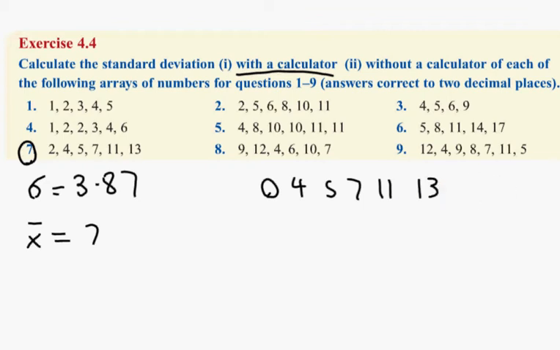If I take 2 away from the 2 to turn it into 0, and then add 2 on to the 13 to turn it into 15, would you agree that the average is going to be the same? Because the grand total of all 6 numbers is still the same. So my prediction is that the mean will still be 7.